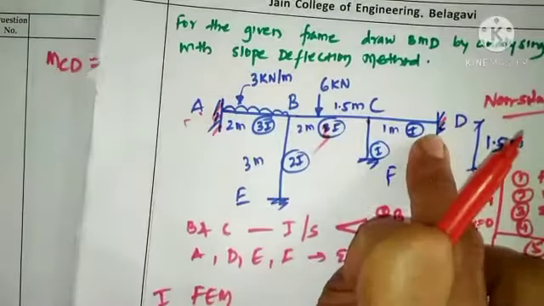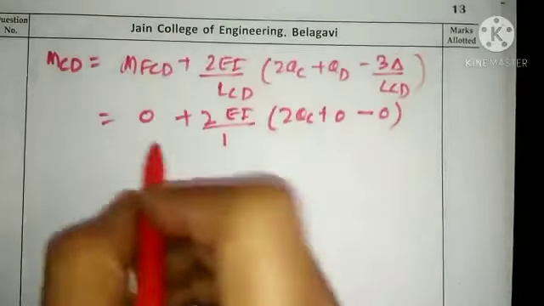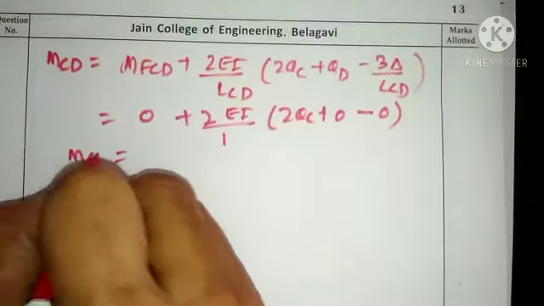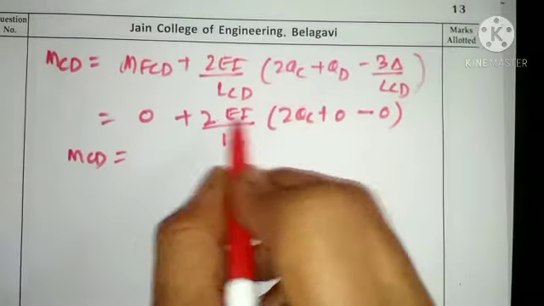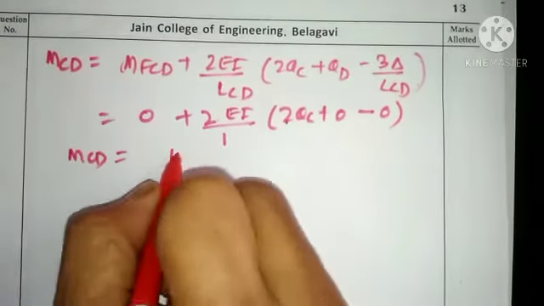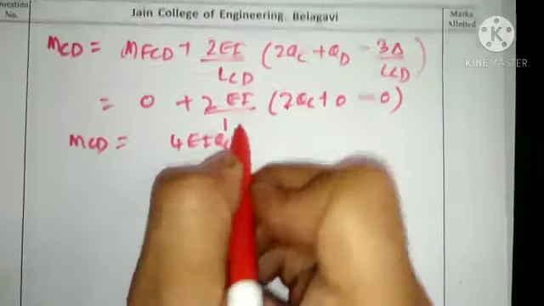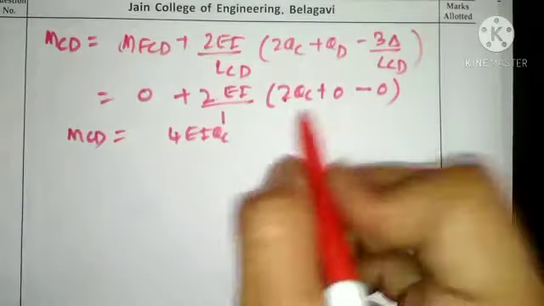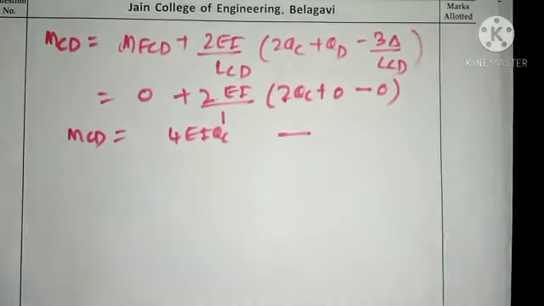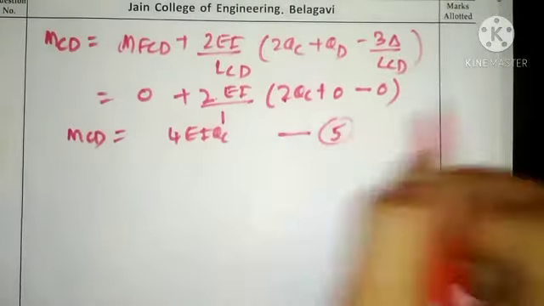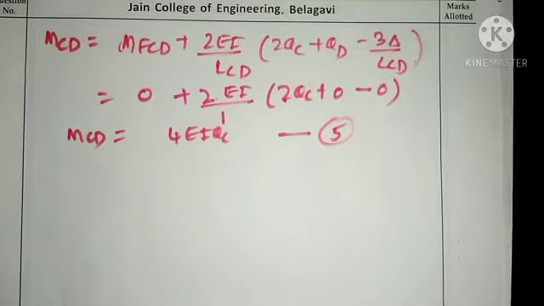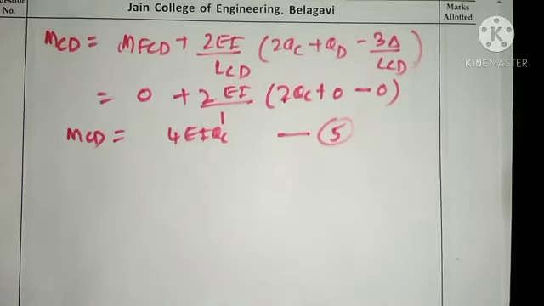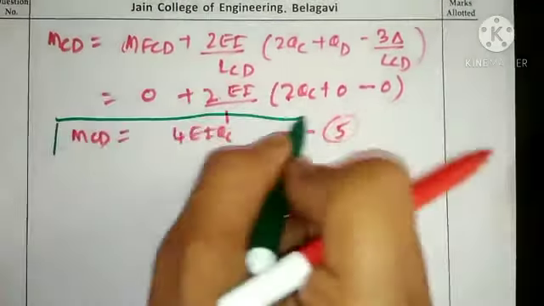So this MCD equation will be 2 into 2, which becomes 4EI theta C. Then all the remaining terms are 0. So this is the MCD equation, which is equation number 5.